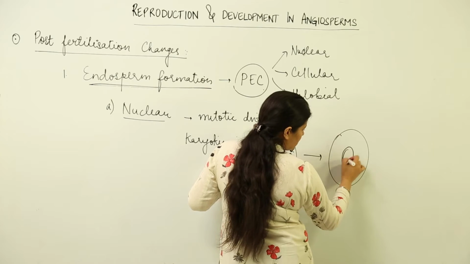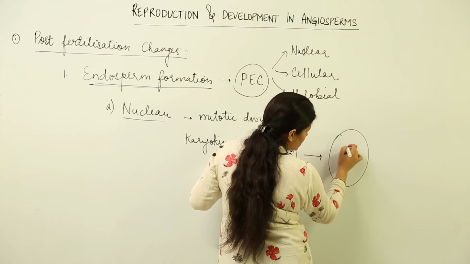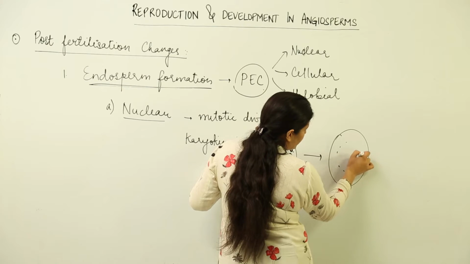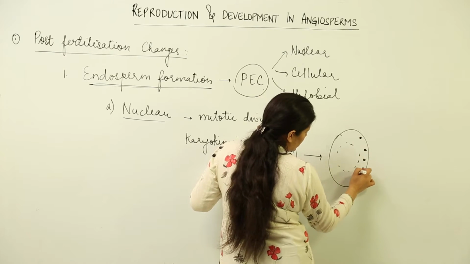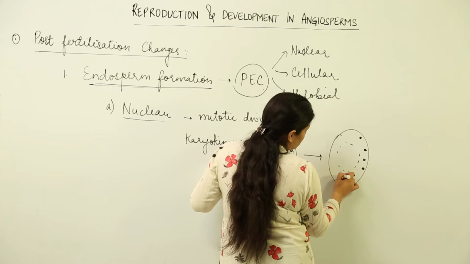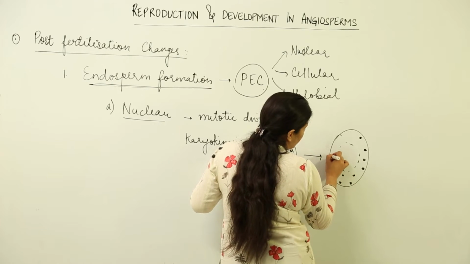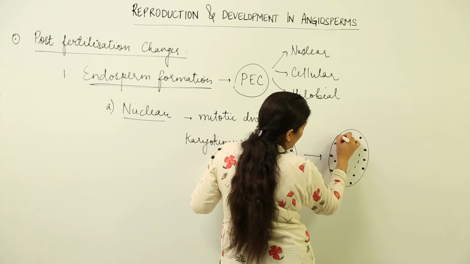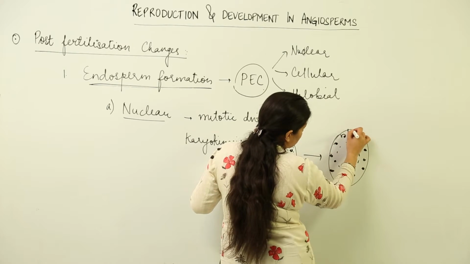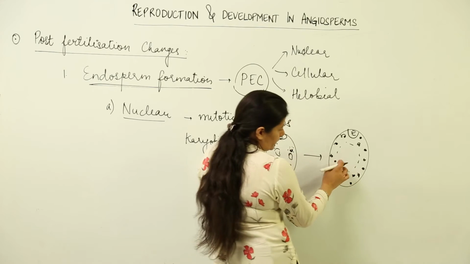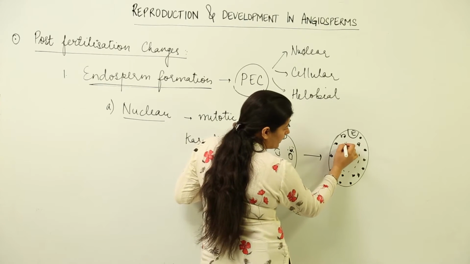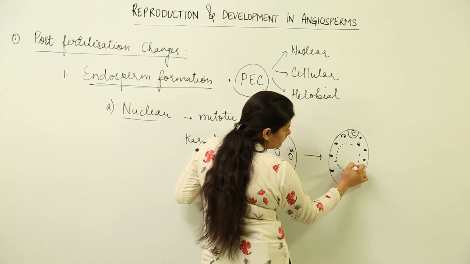In the central part, the vacuole arranges itself like this, and the nuclei get arranged towards the periphery, but till now, as you can see, no cytokinesis has taken place. The embryo lies over here, and no cytokinesis is taking place. Like this, the vacuole comes in the central region.